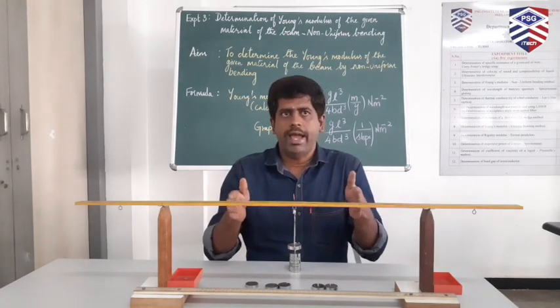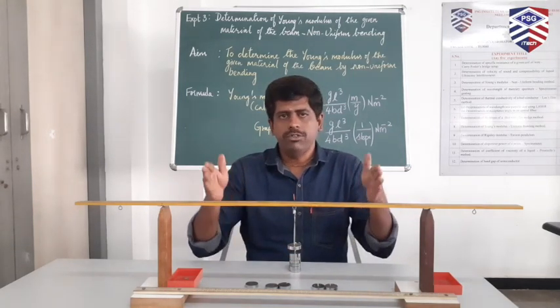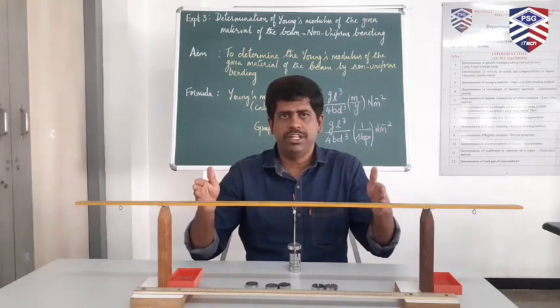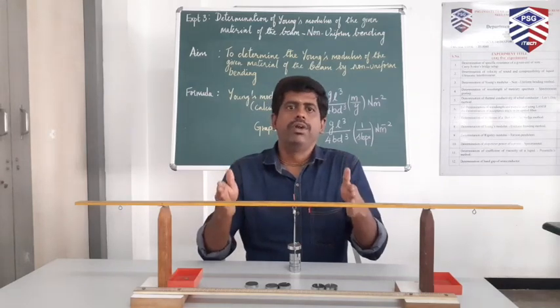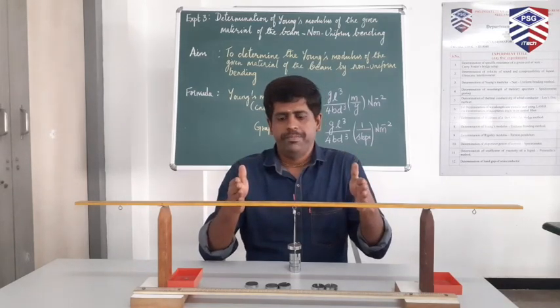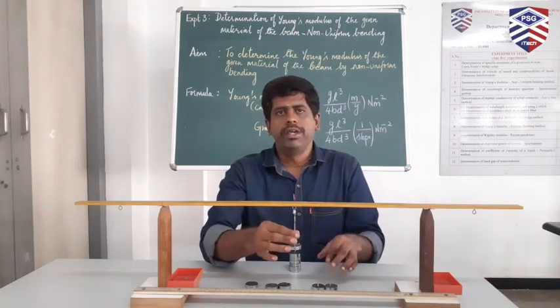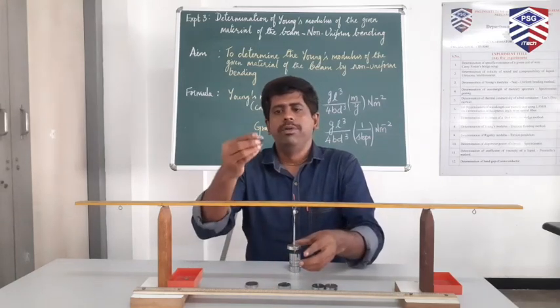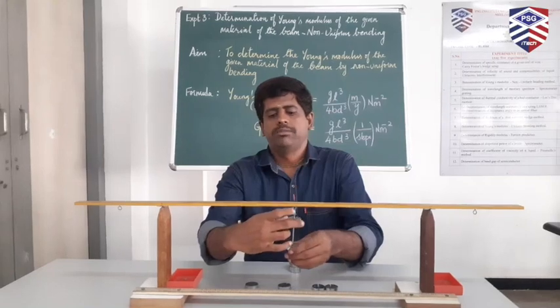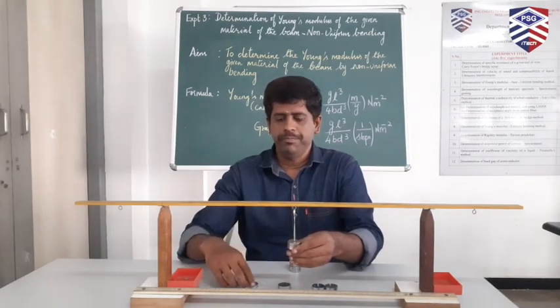Before measuring the actual reading, we have to set this beam to an elastic mode such that the loading and unloading values remain the same, for which I will be using these slotted weights. I will be loading with 50 grams, that is W plus 50.